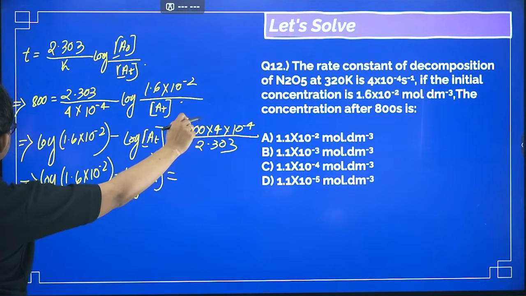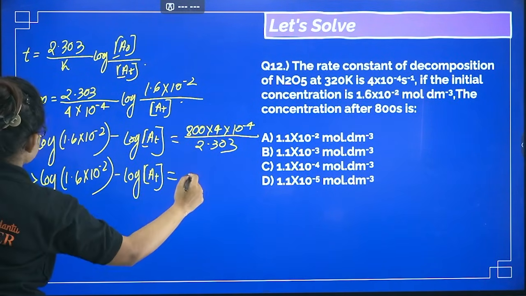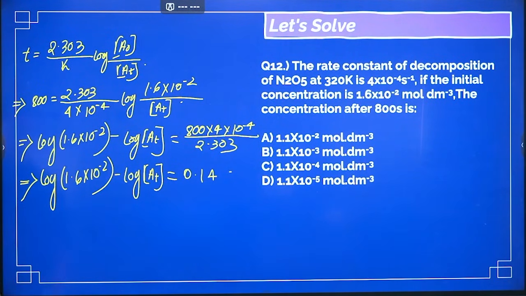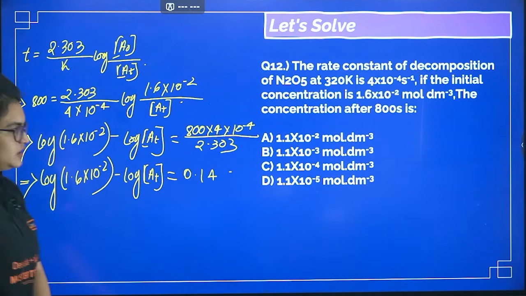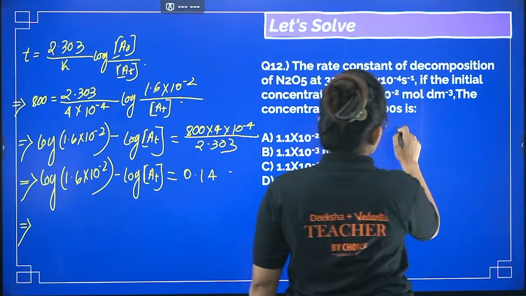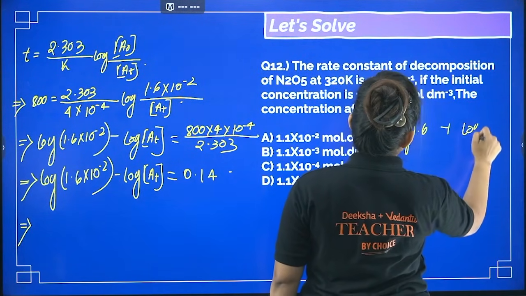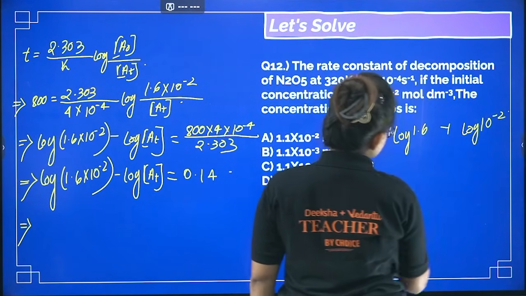Okay, if you just calculate this side, this will come up to be 0.14 something. Now this is log of 1.6 into 10 power minus 2. I am not breaking down the log, I am just directly writing the calculation, but you can actually break down the log. So log 1.6 plus log 10 power minus 2, like that you can do.